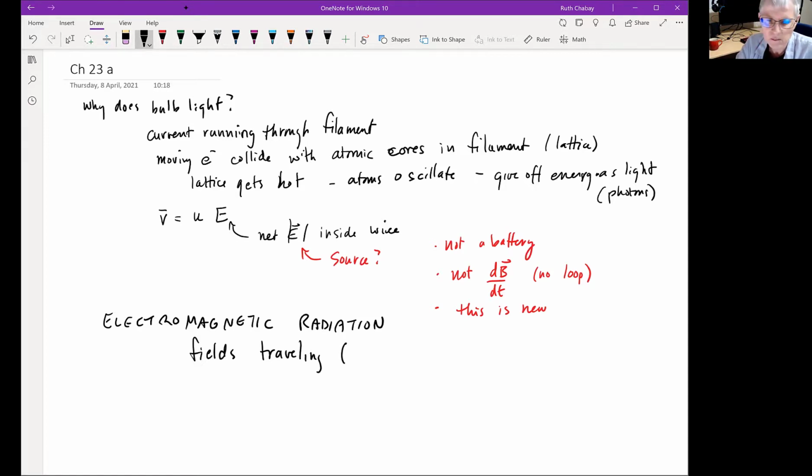Or we can say, sometimes we say propagating, and we'll see why. And by the end of today, we'll see that something interesting is possible that we hadn't thought was possible before, and that's what we're going to need Faraday's law and Gauss's law and Ampere's law, to show that this is actually a possibility.